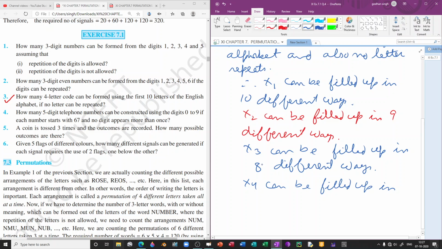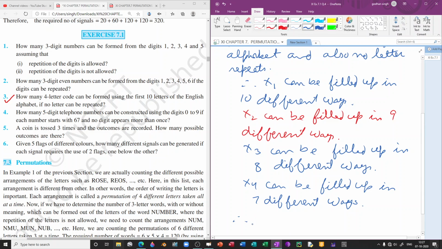So x4 can be filled up in 7 different ways.